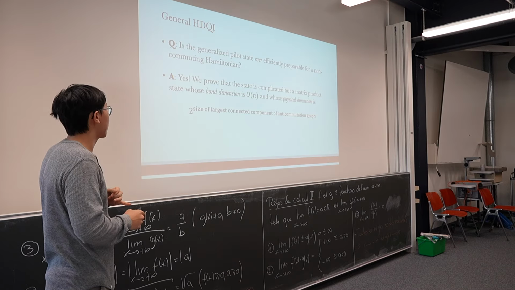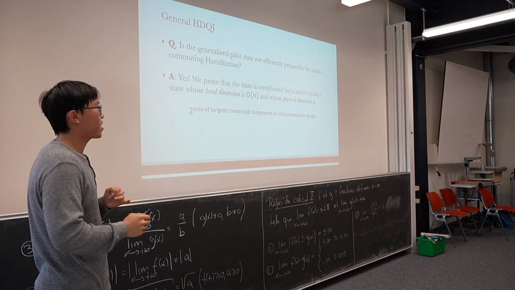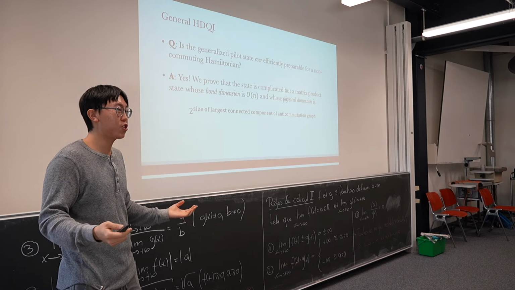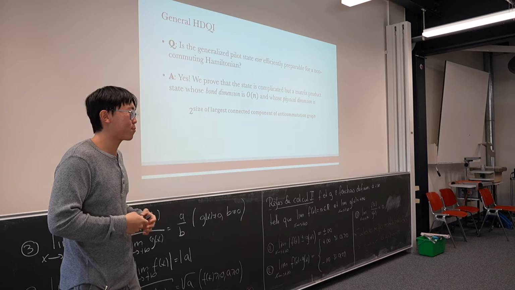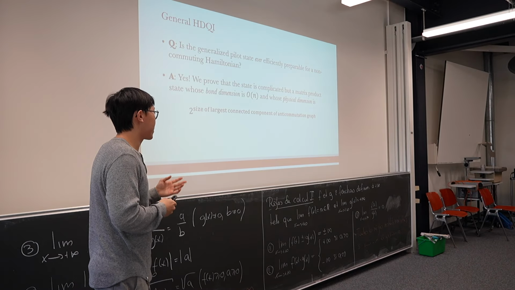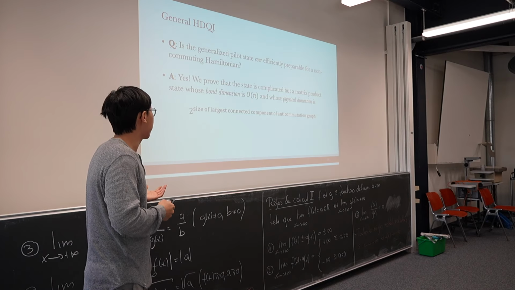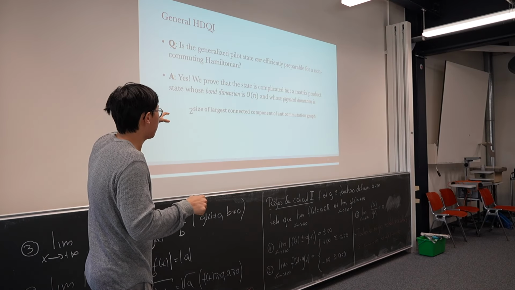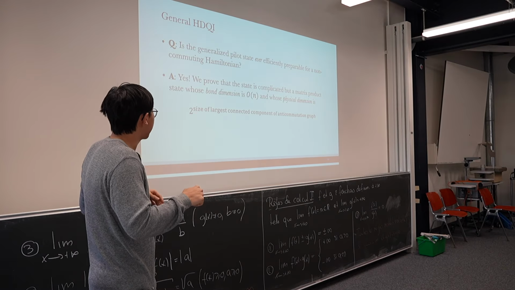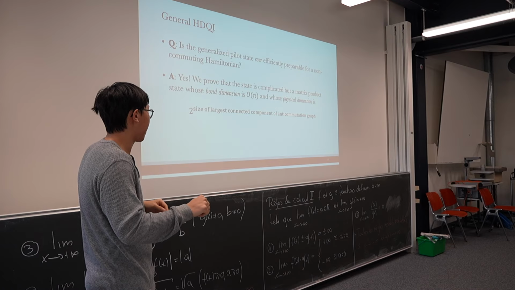It has something called a physical dimension and something called a bond dimension. If neither of these are horrendously huge, then we can prepare them efficiently. The scaling of the preparation is in the physical dimension, among other things. Because the bond dimension here is not huge, what matters is the physical dimension, and it turns out to be 2 to the size of the largest connected component of the anti-commutation graph.